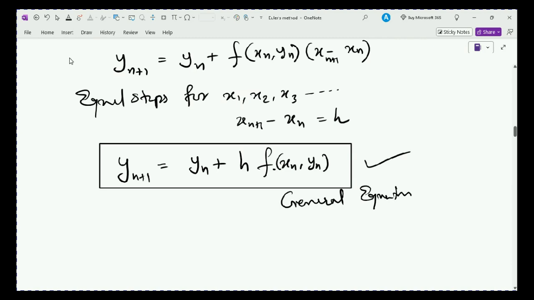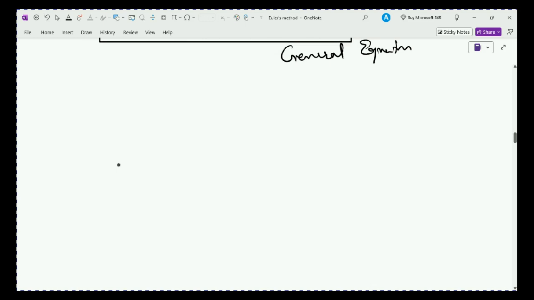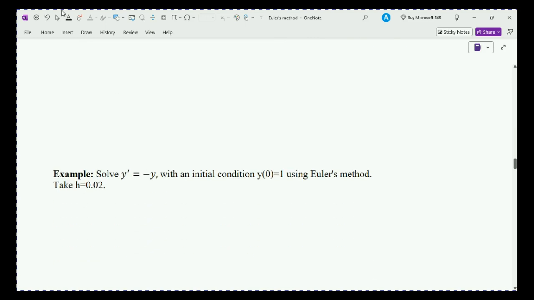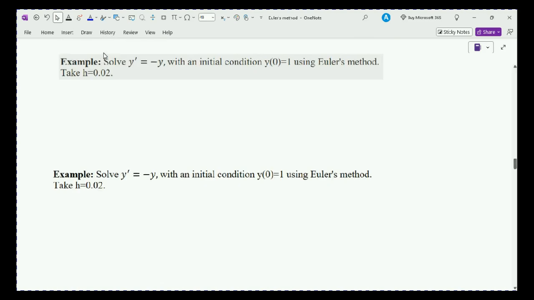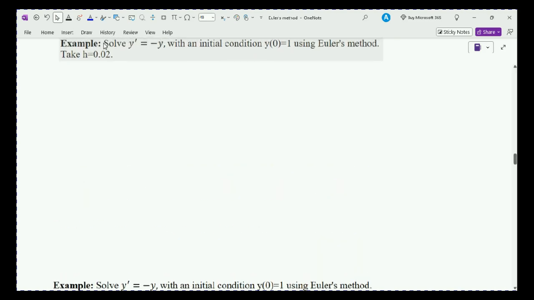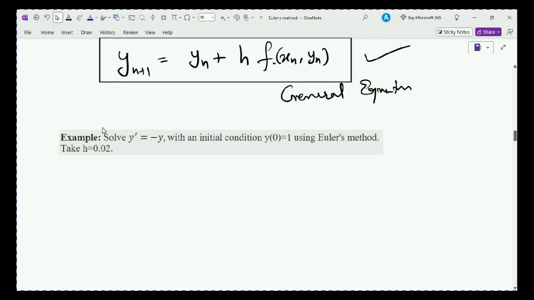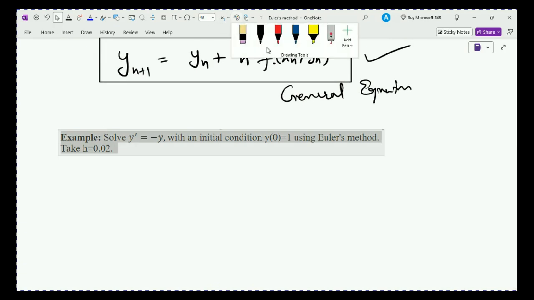Okay, so now as usual we will go for solving an example. Let's start with a very simple one. I think I have written the equation somewhere here. Okay, so we'll start with this example.